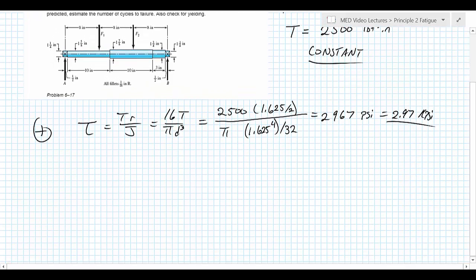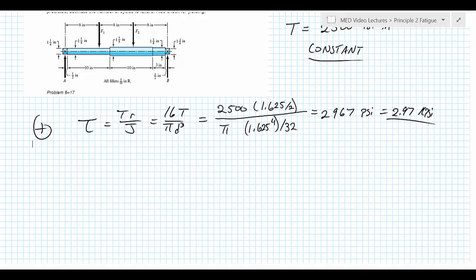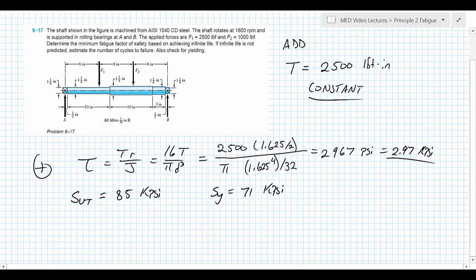So from before, if you've already solved this problem, then you know that the ultimate strength for the material of 1040 cold drawn steel is 85 kpsi. The yield strength for the material, this is just looked up, was 71 kpsi. We will want to know what the bending stress was that got us that value.